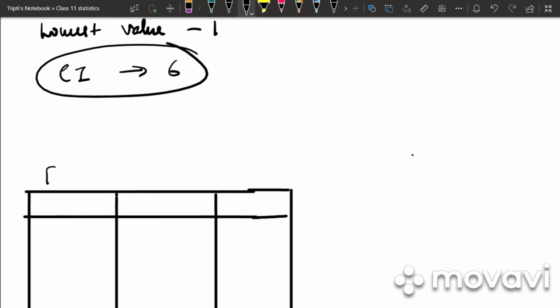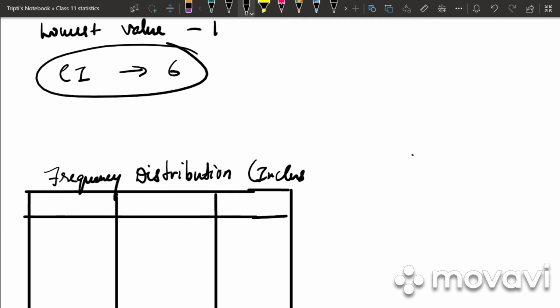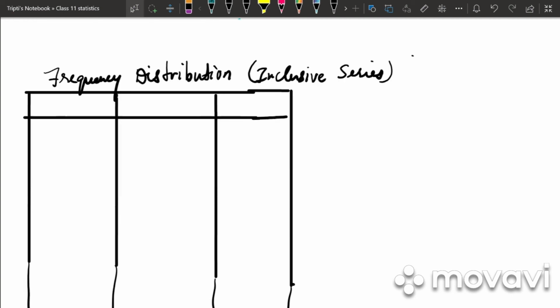So draw a table with 3 columns. Write the heading frequency distribution, in bracket inclusive series. The first column will be class interval, then we have tally bars, then we have frequency.